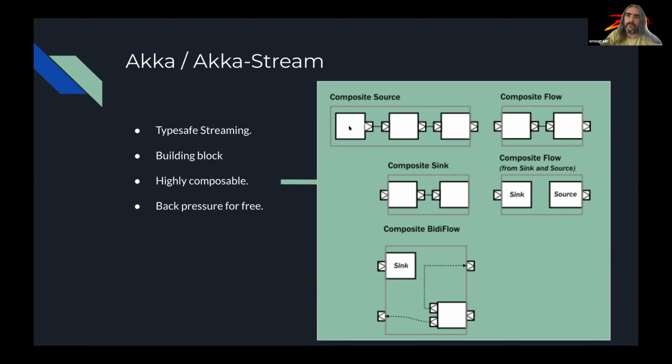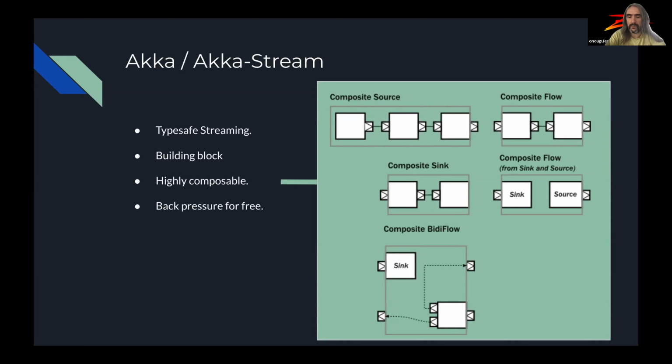group together a source with a flow and with another flow and build a composite source like this, or many other compositions, of course. And Akka Stream's main benefit is to provide back pressure for free.